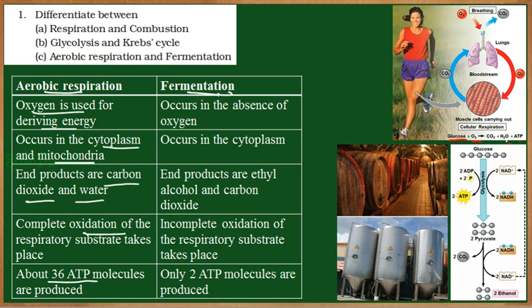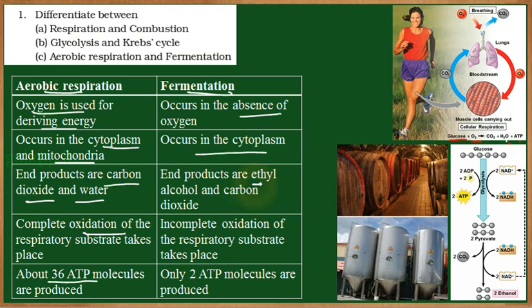Fermentation. Fermentation happens in the absence of oxygen. So here oxygen is not required. And the place where fermentation occurs is the cytoplasm. No cell organelles are required for this. So the entire reaction takes place in the cytoplasm. Here the glucose is incompletely broken down.